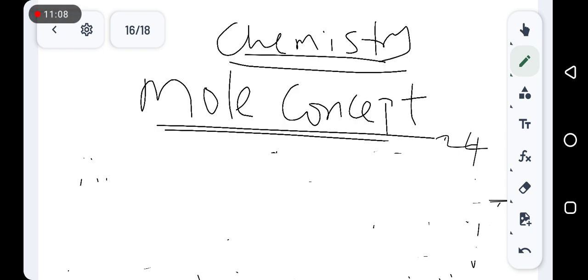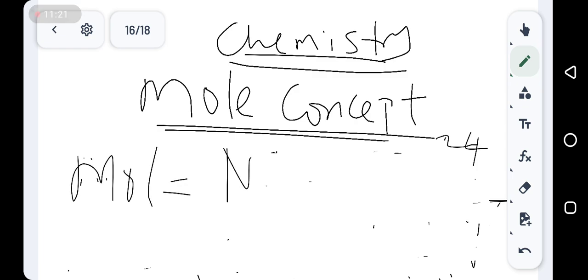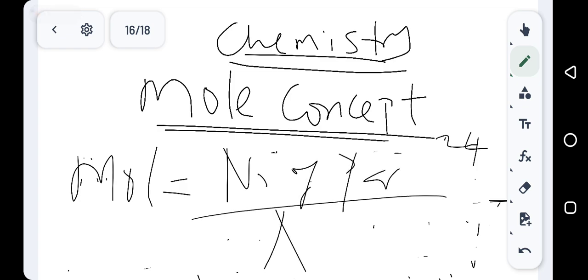So we use the right formula for it. When you are given the number of particles, the moles is going to be the number of particles over Avogadro's number, AN.